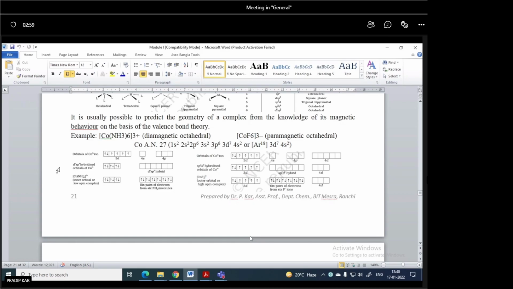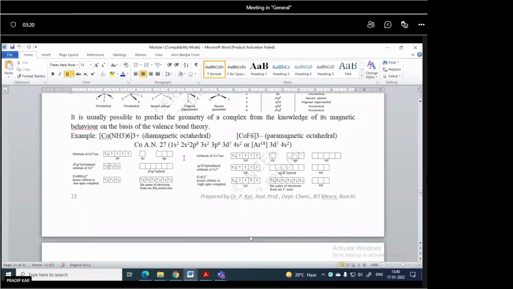So we can draw the orbital diagram like this. 3d is having the 6 electrons and 4s is vacant, 4p is as well, and you can consider d orbital outside this p. So this is 3d and next is 4d.